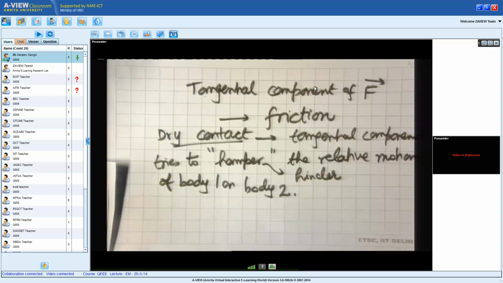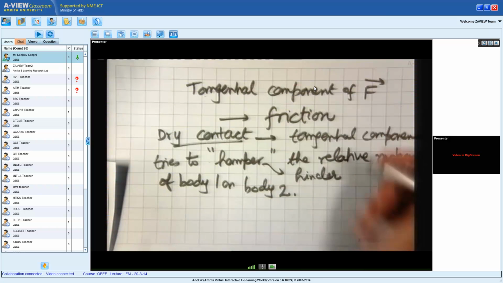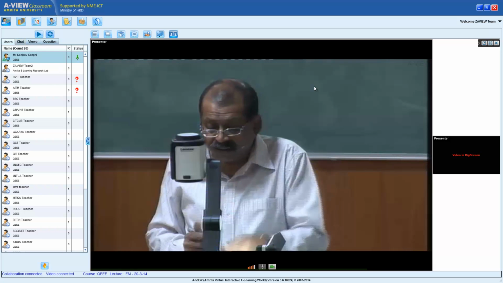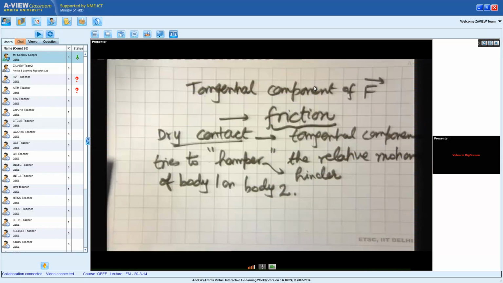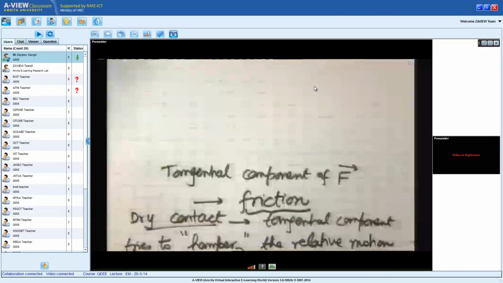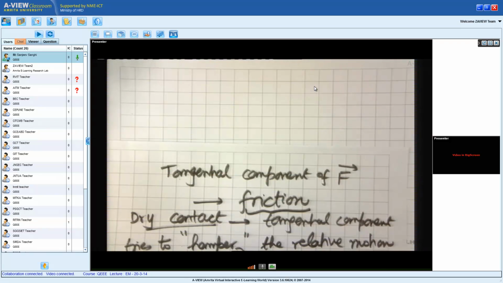So it just tries to make the two bodies stick to each other, and that is why we use the word friction. It is called the force of friction, and in particular for dry contact we have this force of friction. So we have discussed the force, and we have discussed what the force of friction is.